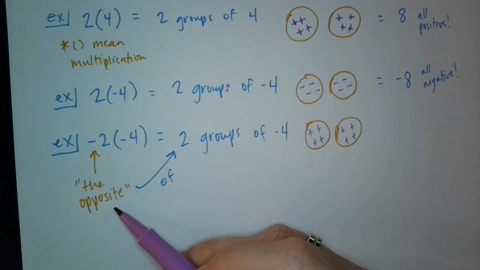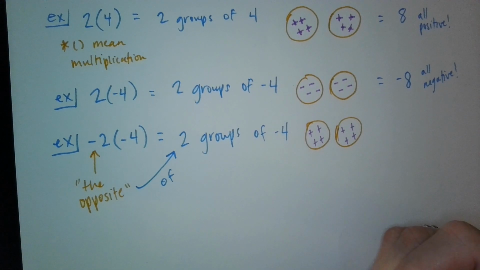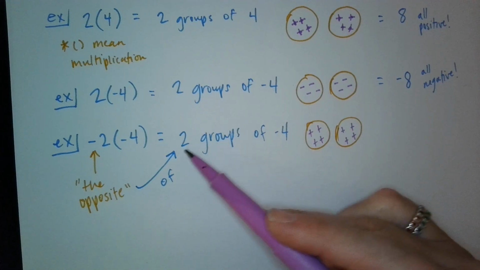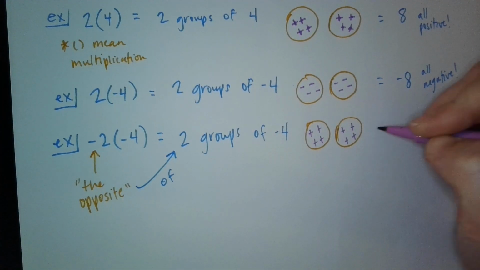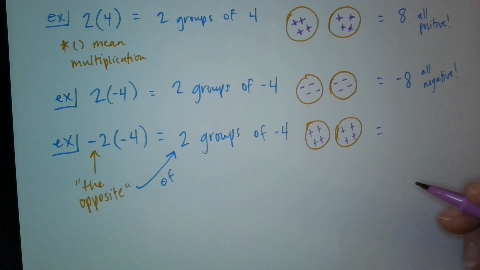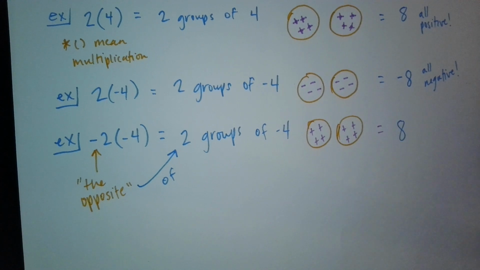Yeah, because we're doing the opposite of negative. I know it says two groups of negatives, but we're taking the opposite of that. So how many is inside of my groups? A positive. Very good. Okay with that?